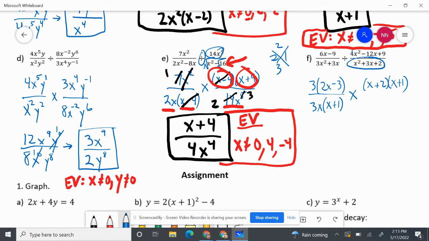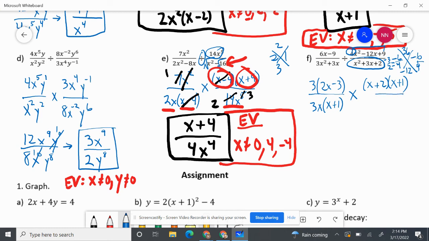And then for the last one, I'm going to multiply the 4 and the 9, and that gives me 36. Adds up to -12, which would be -6 and -6. Because the leading coefficient is 4, I divide each by 4. Now, notice that 6/4 can be reduced to -3/2.